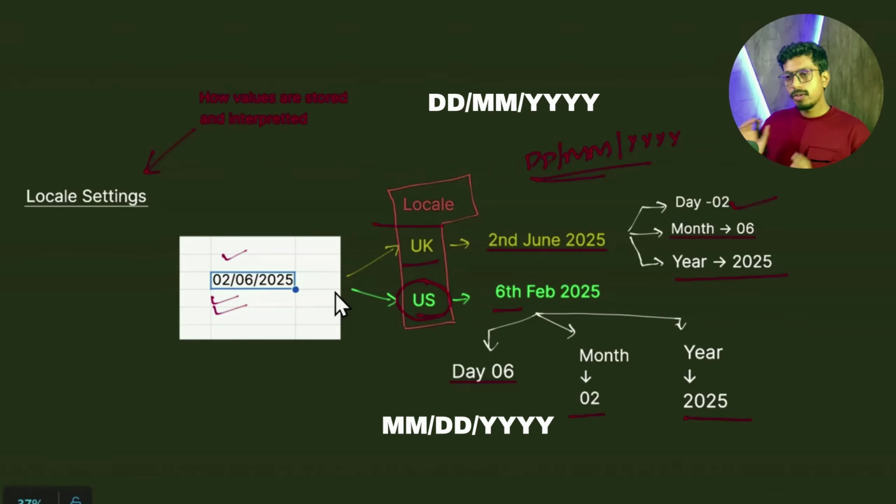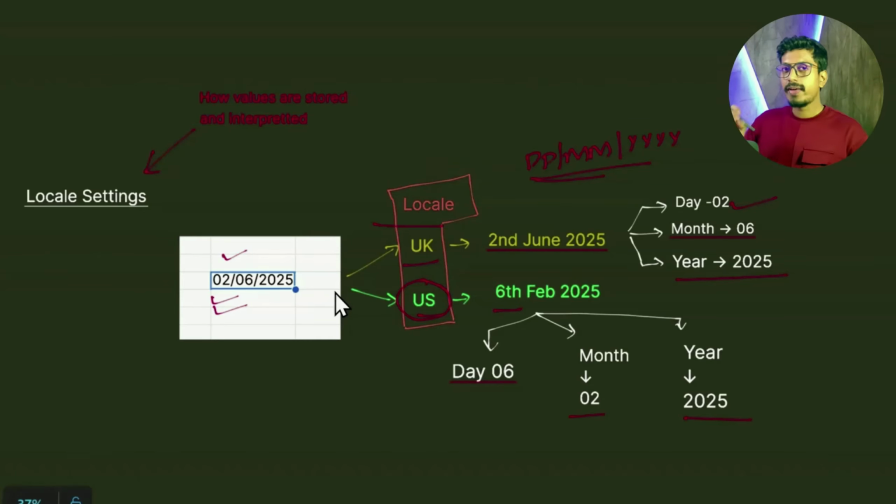So, depending on the locale settings, the values will be stored and interpreted. One more important thing to understand here is that the value is stored and formatted the moment you press enter, depending on the locale settings, and even if you change the locale settings in the future, it will carry the same formatting.